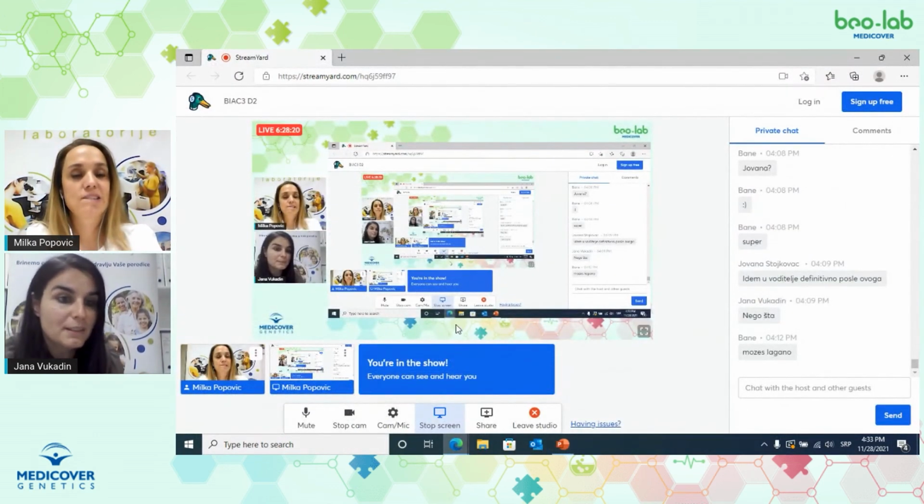Dear Milka, I have to admit that this lecture was one of the more interesting ones in the Congress, because I'm myself a biochemist, and this has shown that the laboratory aspect is there to complement the whole picture and to help other specialists and the medical staff so that they can actually give some kind of diagnosis and complete the whole story.